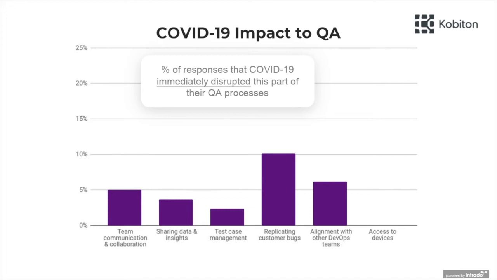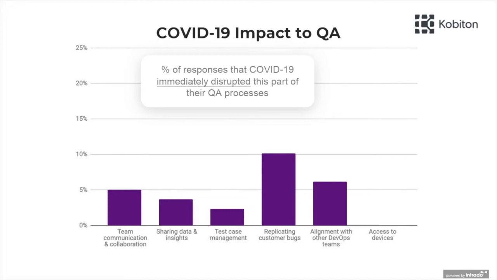So you can see team communication, collaboration, sharing data and insights, test case management, all of these were very low, 5% or less. Replicating customer bugs a little bit higher. A lot of that is related to getting access to environments and alignment with other DevOps teams. Also hovering right around the 5% mark.